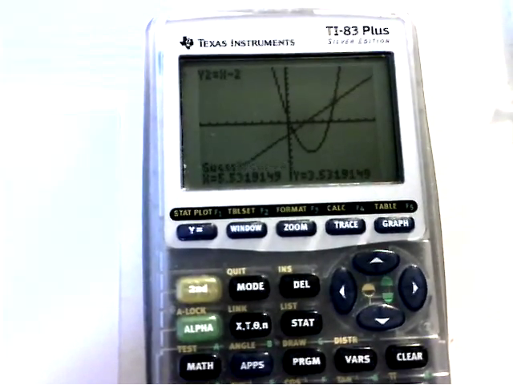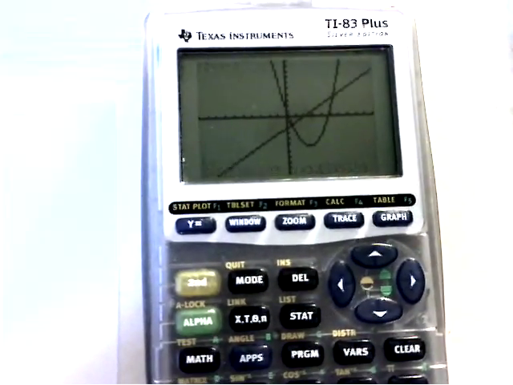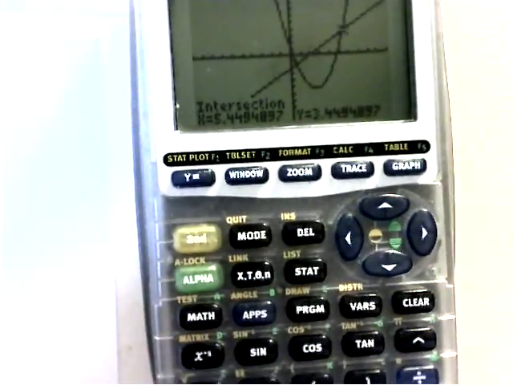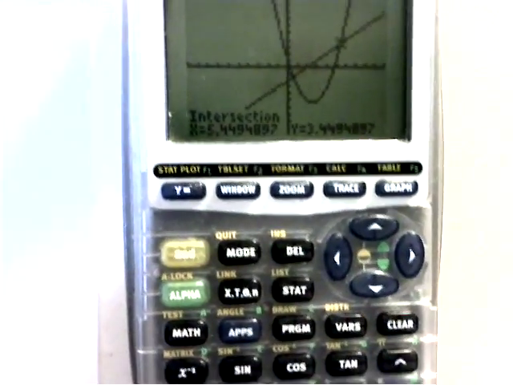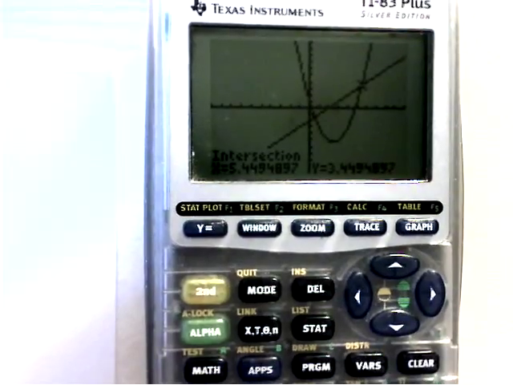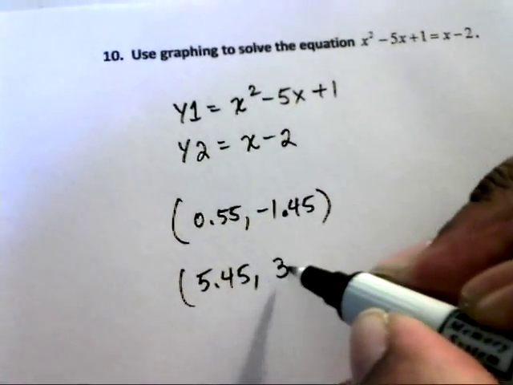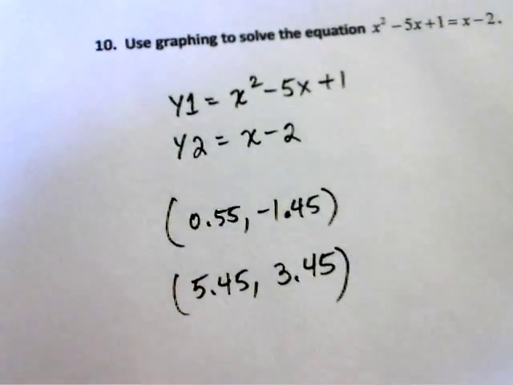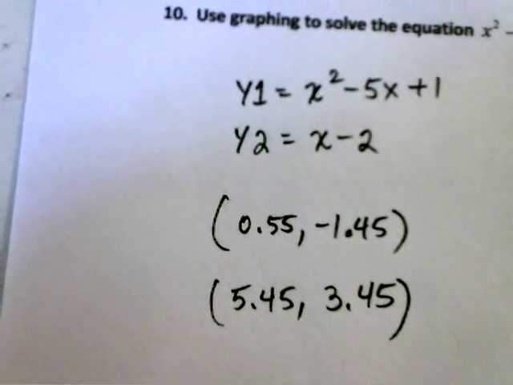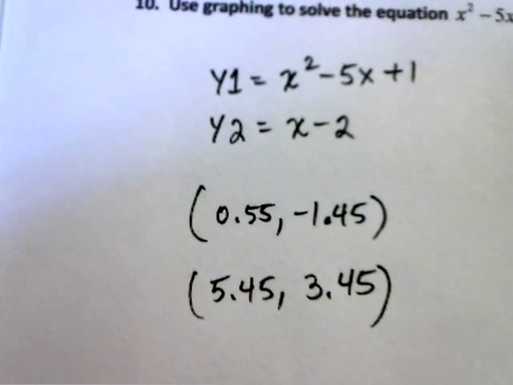After second curve, press enter. After guess, press enter. And that's your other ordered pair, 5.45 and 3.45. Okay, so those are my two points of intersection.